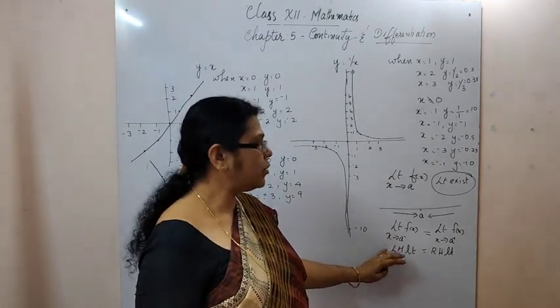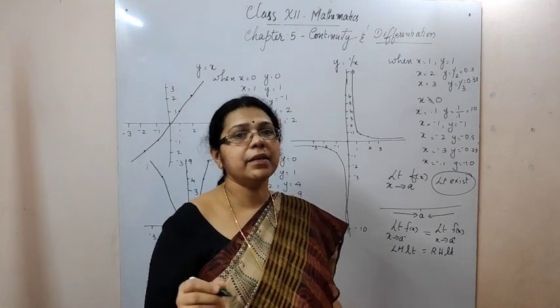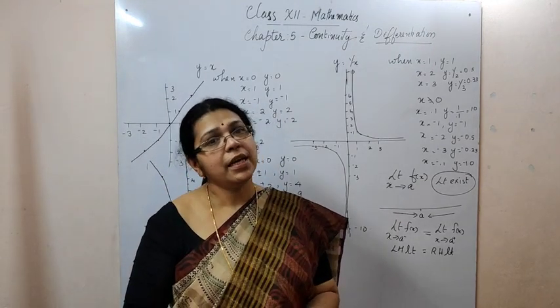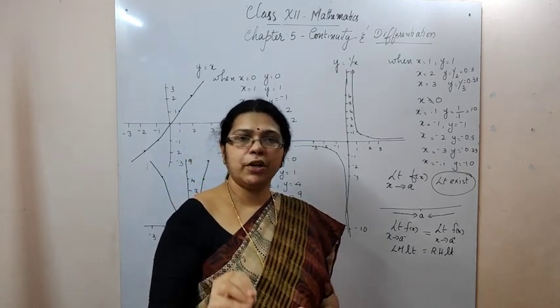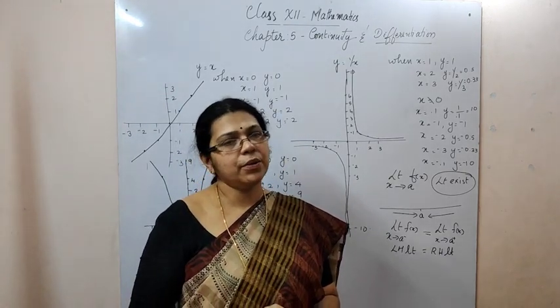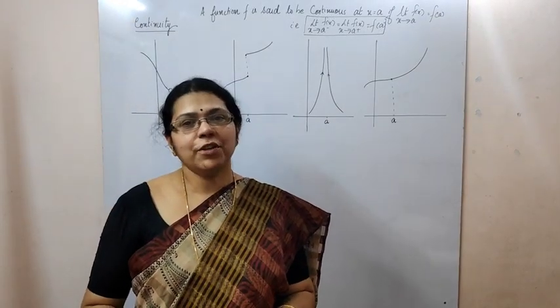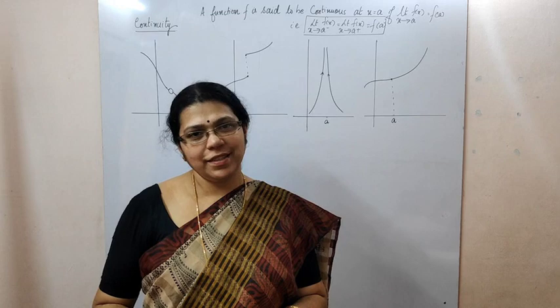Now let's move on to the graphical representation of limit. Where do we say that the function is continuous based on limits of the function? So, when is a function said to be continuous?